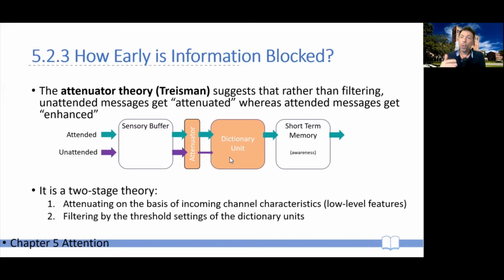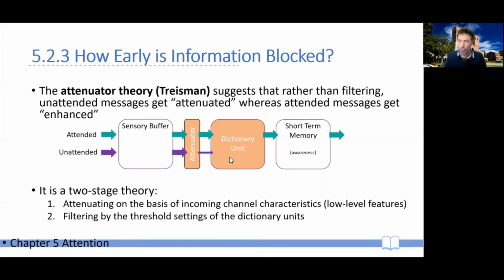Now, it's not just high priority words that might have a low threshold. There might also be mechanisms that allow for things to be contextually particularly appropriate to also have temporarily a lower threshold. For example, somebody is talking about a certain topic, maybe words that are related to that topic might have temporarily a lower threshold, meaning they are expected.